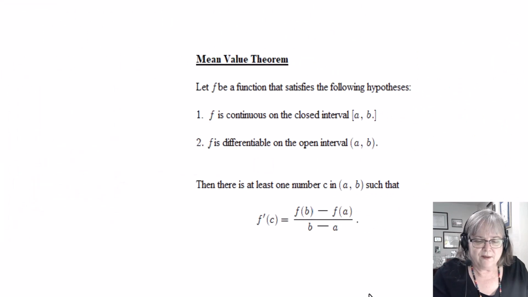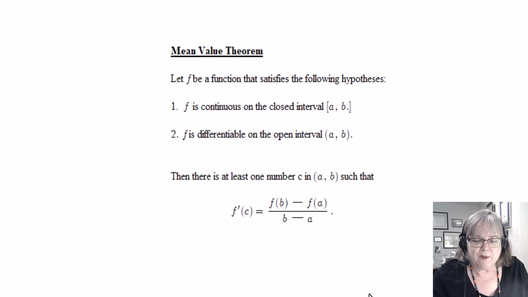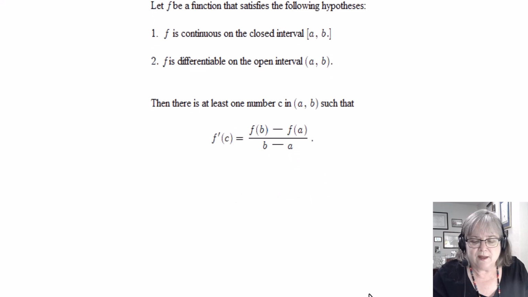So the mean value theorem says, let f be a function that satisfies the following hypotheses. First, it's continuous on the closed interval, it's differentiable on the open interval, and there is at least one number c in the open interval such that the derivative is equal to the slope.